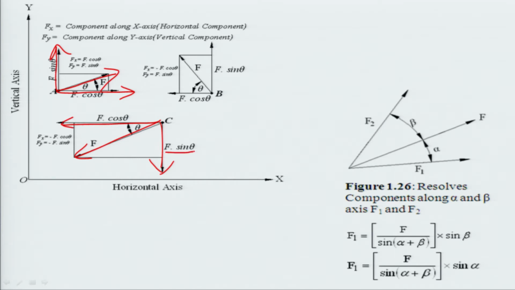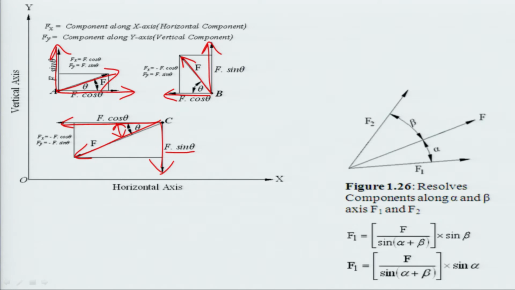This is F sin theta and this is F cos theta. Cos theta will be chosen for the component of force which is near to this angle. In this case, if force is this, then one component, the vertical component, will be F sin theta if this angle is theta, and horizontal component will be this.